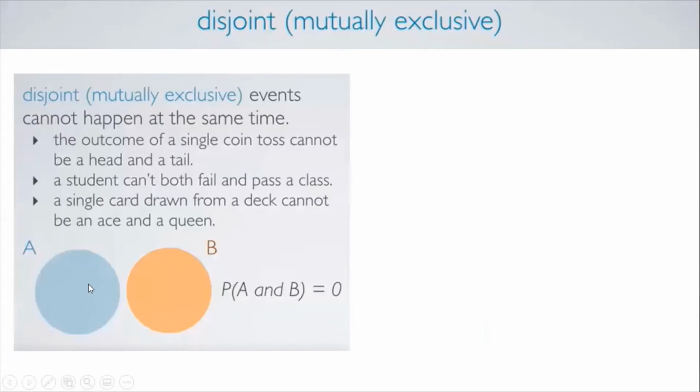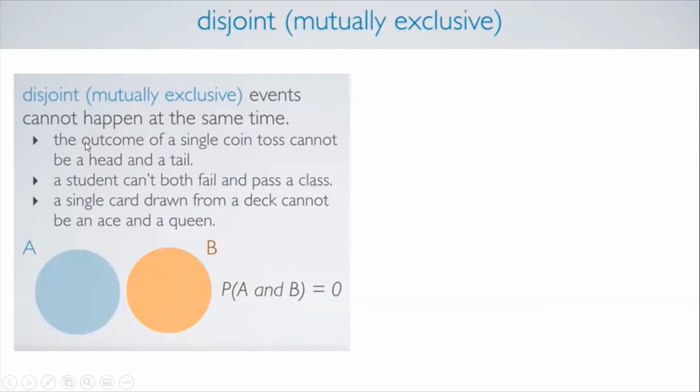Let's look at this Venn diagram of A and B. They do not touch each other, there is no intersection between them. Whatever is in A is not associated with B. So the probability of getting A and B at the same time is 0, because they are opposite. They cannot join, so that's called disjoint, or in other terms, mutually exclusive. Events cannot happen at the same time.